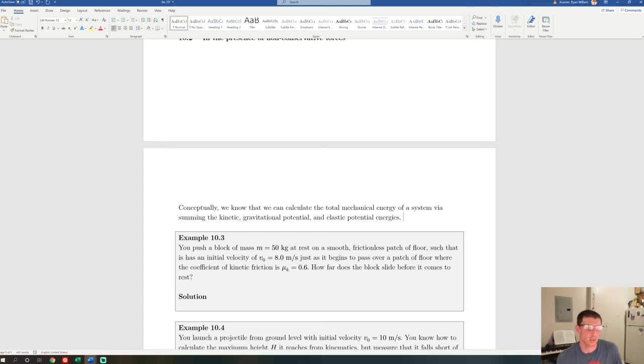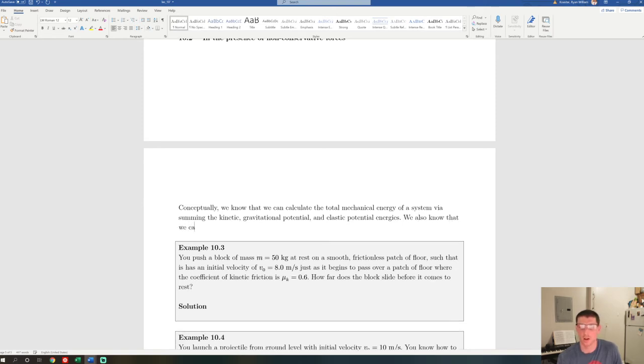And clearly, we also know that we can calculate it as the energy at some later time, right? Assuming we have all the information about the system that we need.